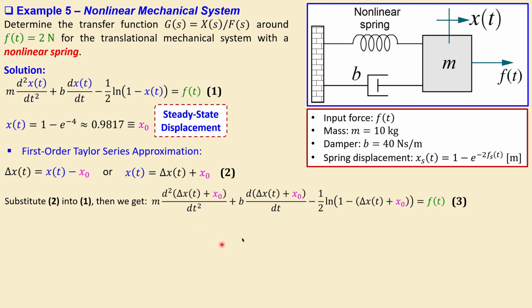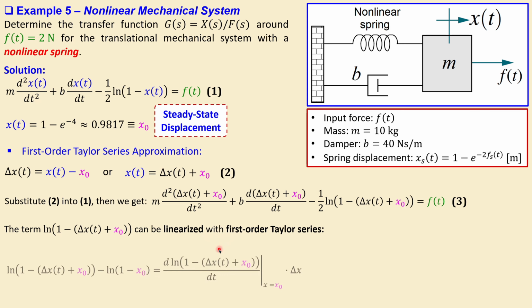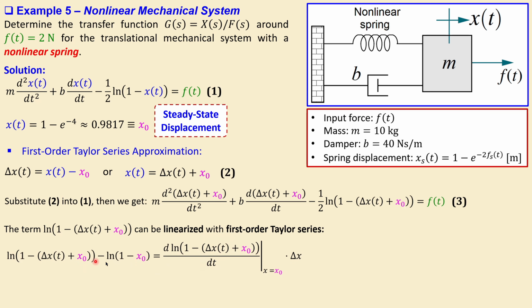So let's do that. First we start with this term. Now it can be again linearized by the first order Taylor series. Again, a similar formula, and you will have this expression.